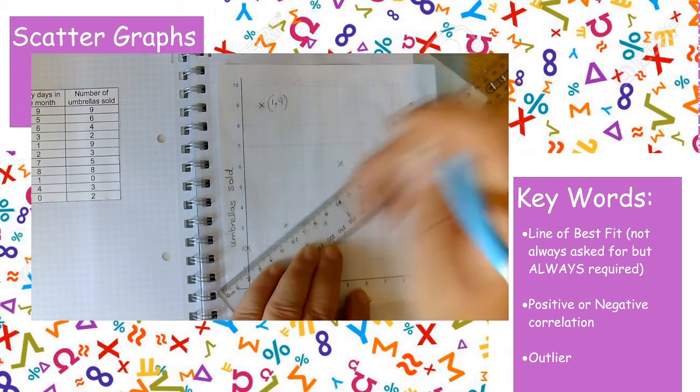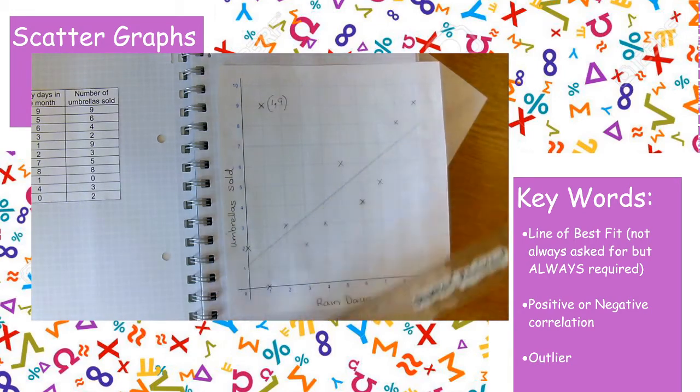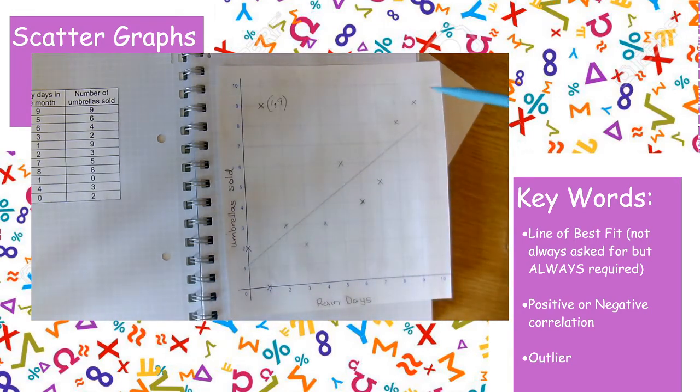It's a line that goes through just the data you've been given. It's not extended beyond the last piece of data here, see. To use a line of best fit, you might be asked to estimate the number of umbrellas sold in a month with 8 rainy days.